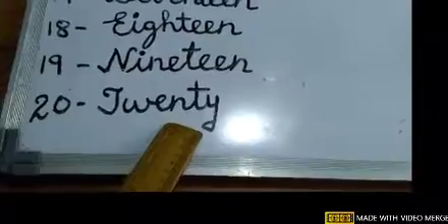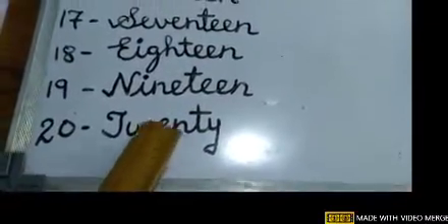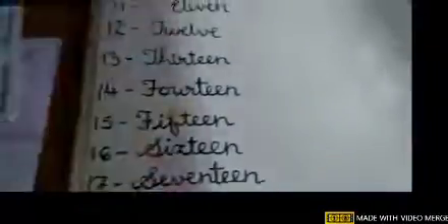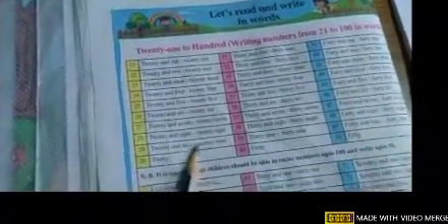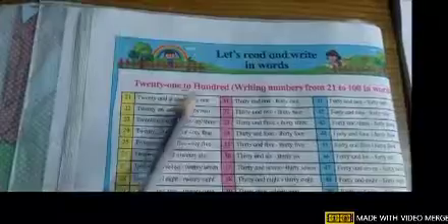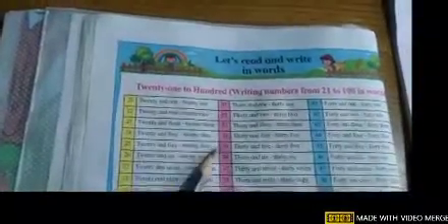19 spelling is how? You have to write the spelling of 9 and again teen, T-E-E-N, teen. Then 20, T-W-E-N-T-Y. You should learn the spelling of 20 by heart, because after 20, from 21 to 29, you are going to write the same spelling of 20, and then you add 1, 2, 3, meaning 21, 22, 23.